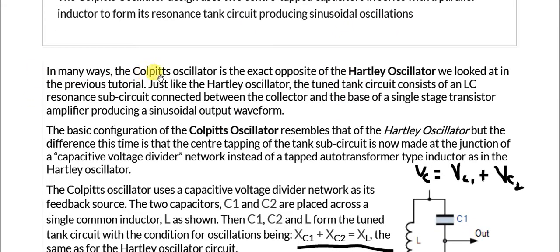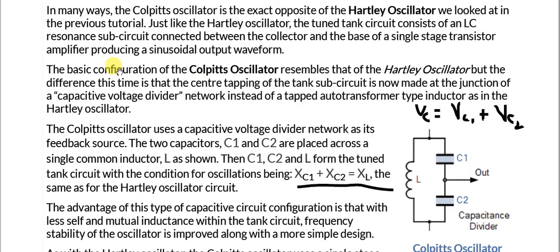In many ways, the Colpitts oscillator is the exact opposite of the Hartley oscillator we looked at in the previous tutorial. Just like the Hartley oscillator, the tuned tank circuit consists of an LC resonance subcircuit connected between the collector and the base of a single stage transistor amplifier, producing a sinusoidal output waveform.